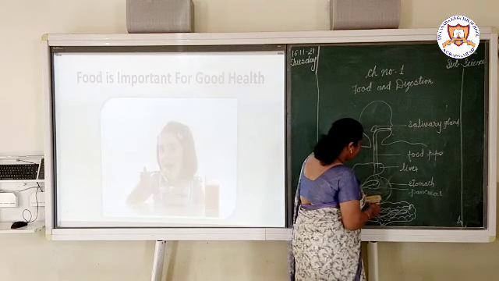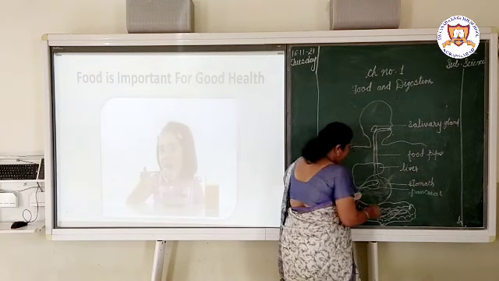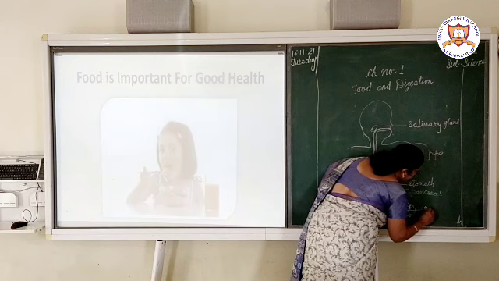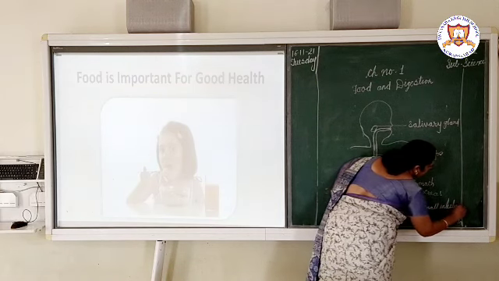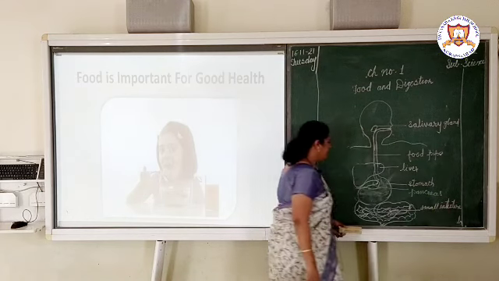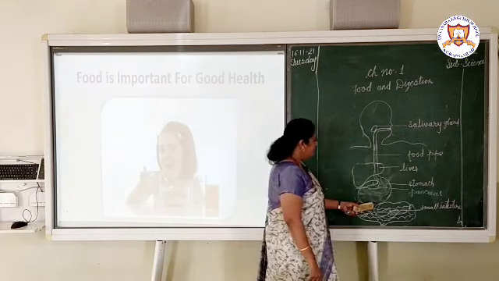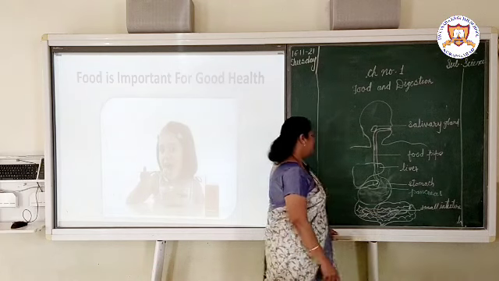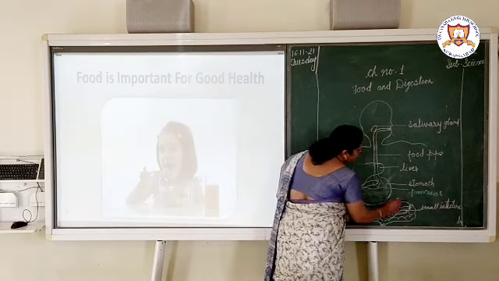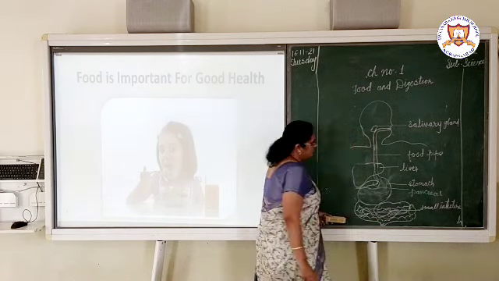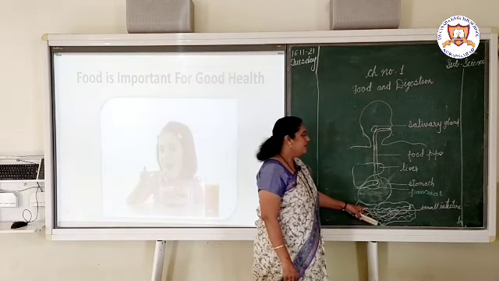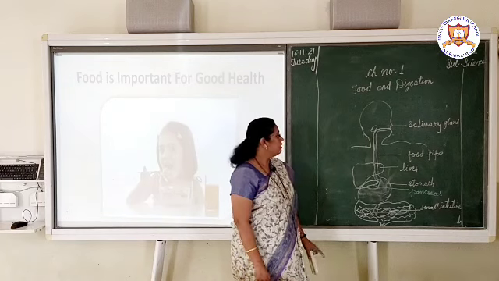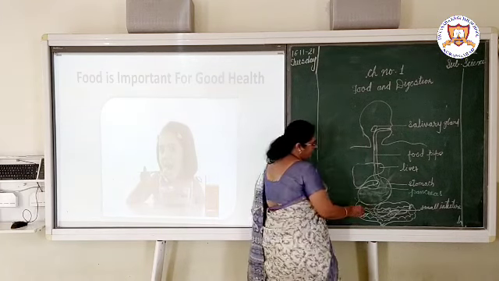The next part of the digestive system is the small intestine. This is the small intestine. The churned food is then pushed into the small intestine. The small intestine is a long coiled tube, and here it secretes some juices that mix with the food, and the food converts into a completely liquid form.